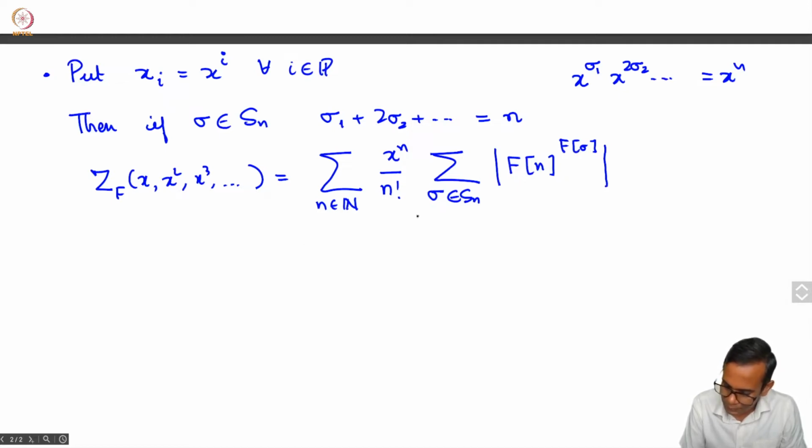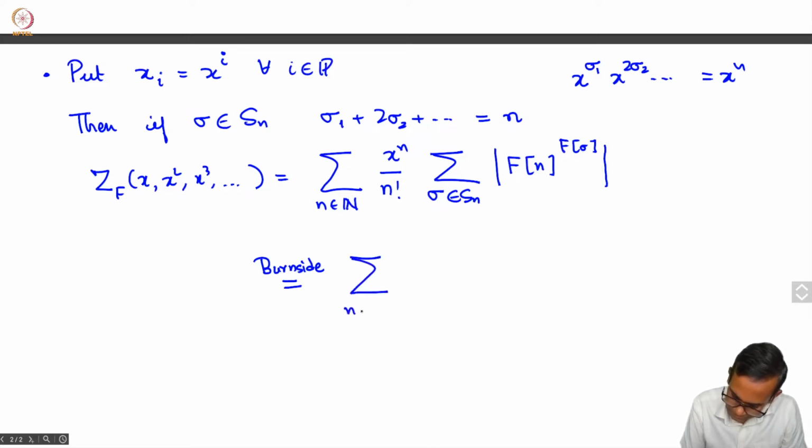But by the Burnside theorem, or Burnside's lemma, or the orbit counting theorem, this is the sum over n of x to the n, and the coefficient is the number of Sn orbits on F[n].